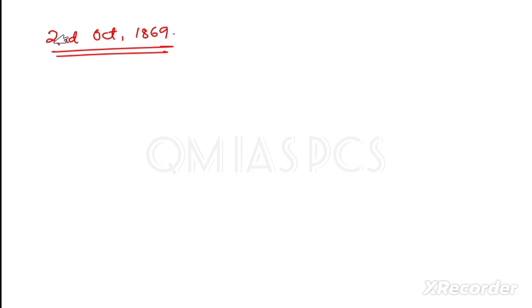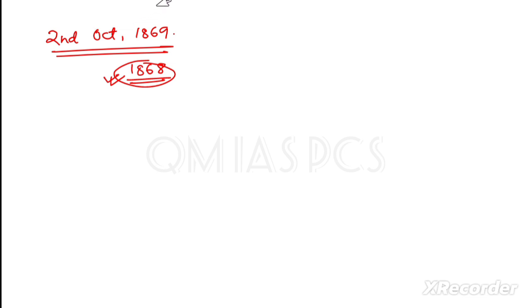If this is given, we have to calculate the previous years, up to 1868. Because this is October 1869, this year is not completed, so we have to calculate the number of odd days for 1868 first, then we will calculate till 2nd of October.